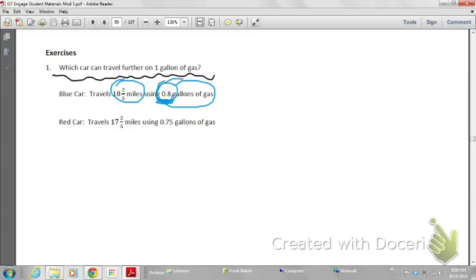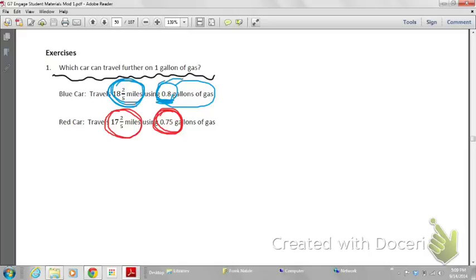Okay, 8/10 of a gallon of gas. Really silly. I'm not sure exactly why you would use all these convoluted numbers, but we're just trying to get you to use what you know here. And the red car travels 17 2/5 miles using 75 hundredths or 3/4 gallons of gas.